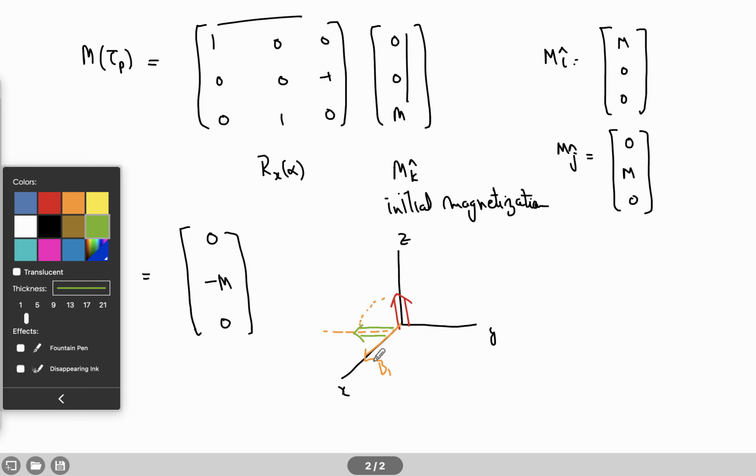This is effectively what we have done. So Rx is the anti-clockwise rotation about the x-axis, and thus Mz, the magnetization along z which was initially there, moves towards the y-axis, and if the flip angle is 90 degree, it will land at minus y.